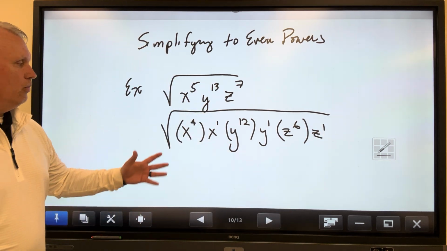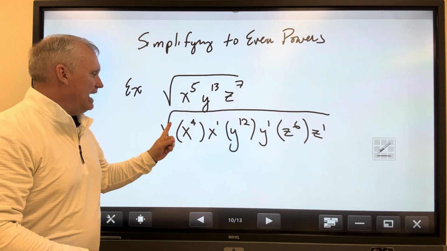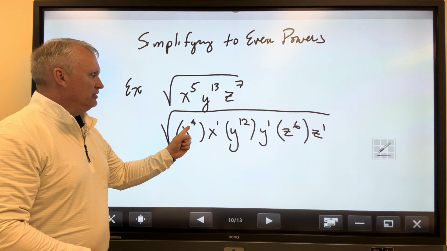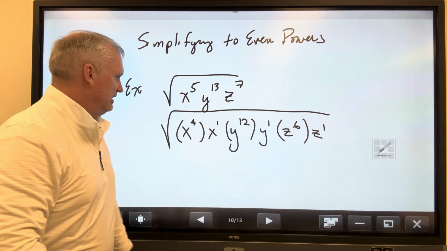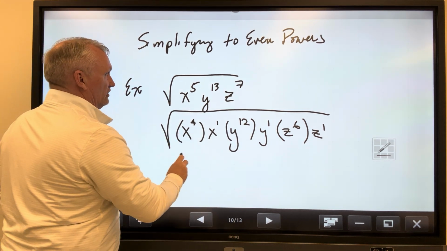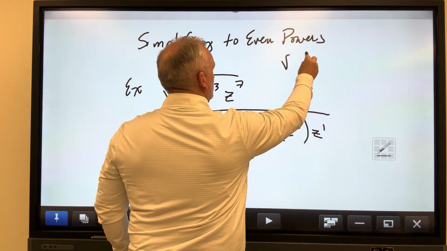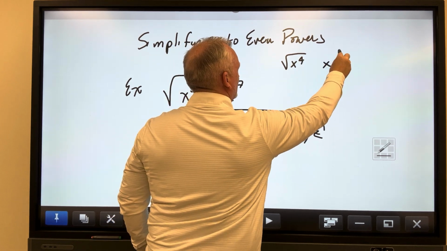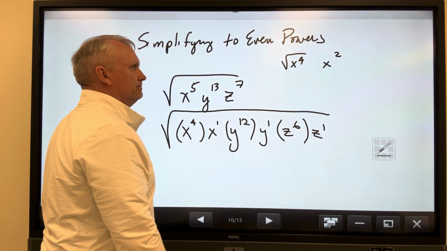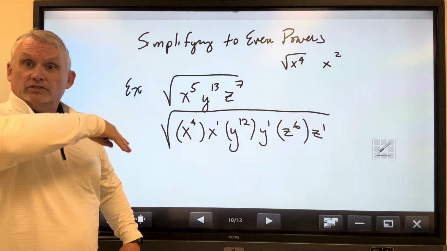Why I do this is because now, if I take a square root of x to the 4th, it's like splitting that thing in half. If I do the square root of x to the 4th, this is like saying that this is x squared. It splits it in half.